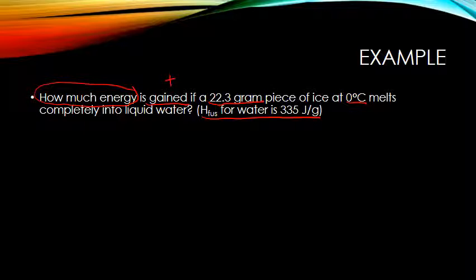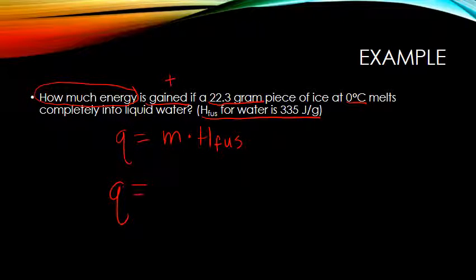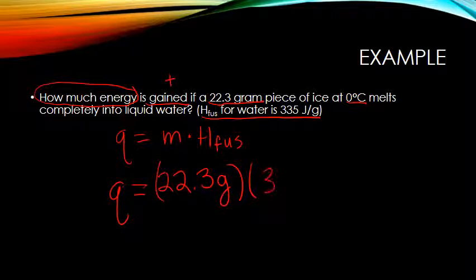So we're going to use our equation, Q equals m times heat of fusion, and simply plug in our numbers. So our energy, Q, equals our mass, 22.3 grams, times our heat of fusion, 335 joules per gram.